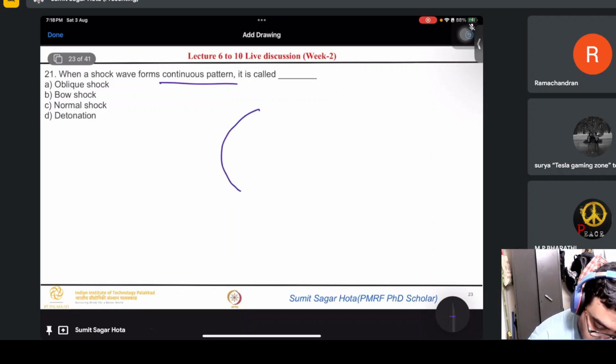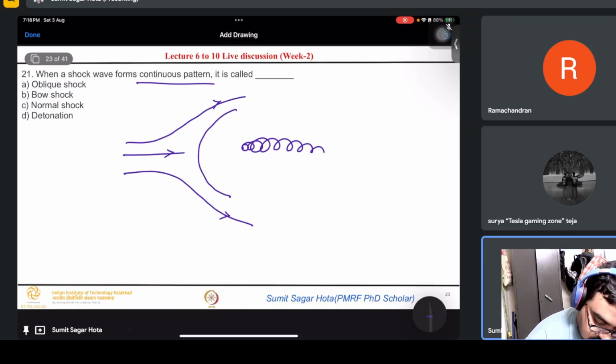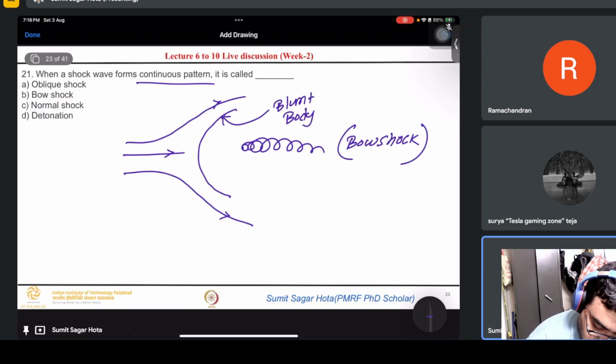If one blunt body is there, then this is your blunt body and this is your wake region, and the bow shock starts from here.